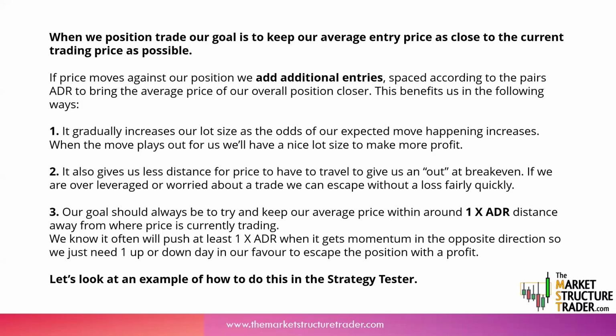But the odds of our entry working have also increased, because they were high when we got into our initial entry, and now price has pushed against us. The odds are higher. Think of the RSI as an example. We've got our level here, which is 70, for example, then a level here at 80, and a level here at 90.